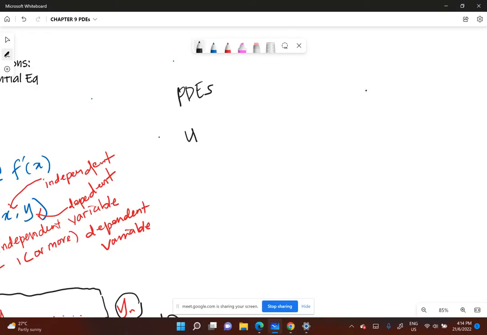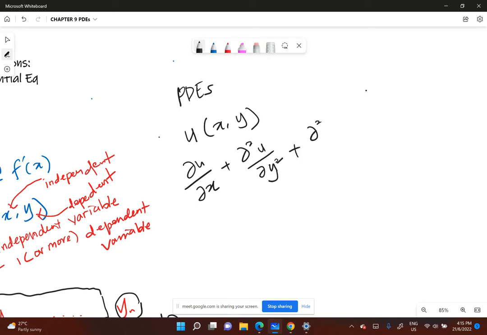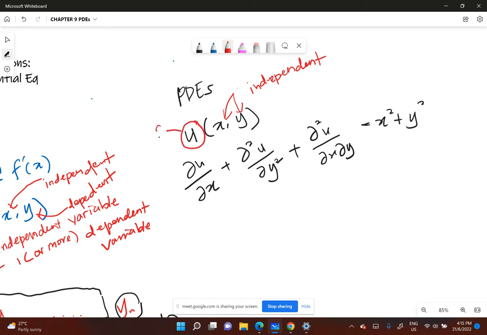So normally we say this is del u del x, or the equation can be del squared plus del, and this is an example of the equations. Look at here: these two, x and y, are the independent variables, and u is the dependent variable.